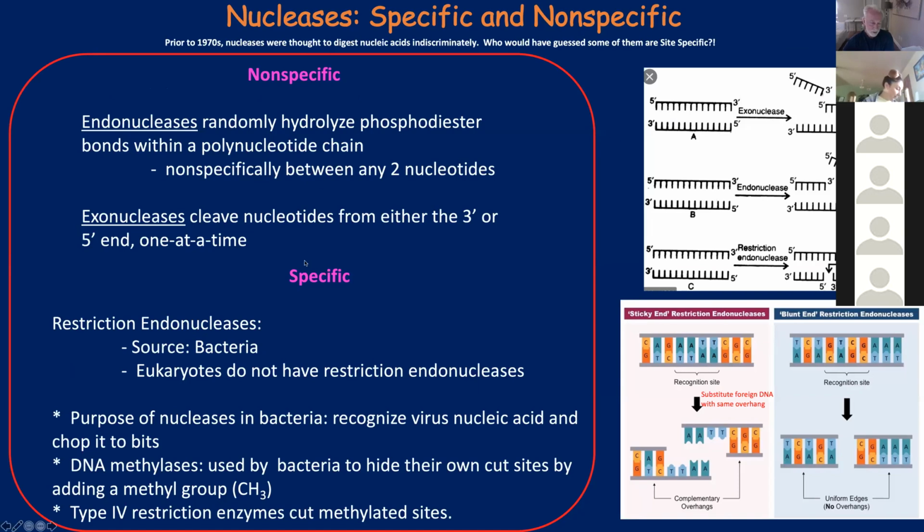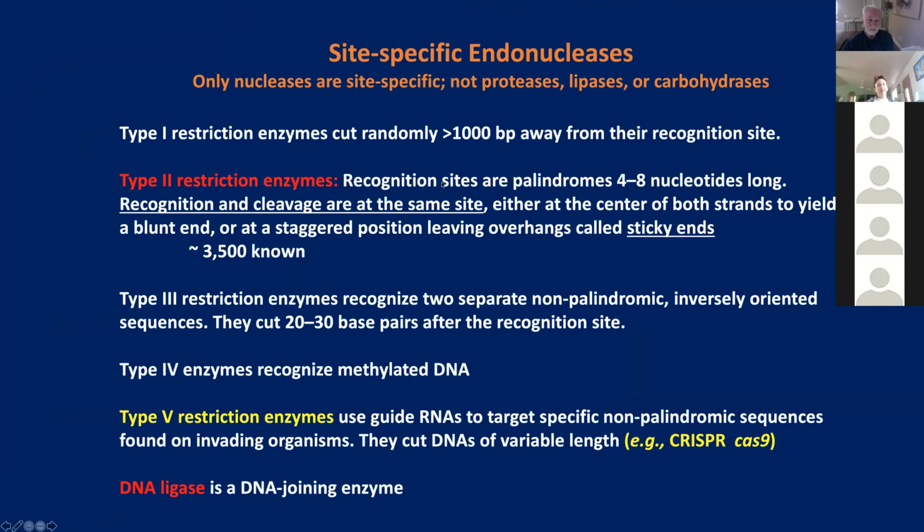The ones that are interesting are the specific ones, and they're called restriction endonucleases. They come from bacteria, and they cut at a particular nucleotide sequence. So they recognize that sequence and they cut the DNA at the same sequence. And that is very surprising.